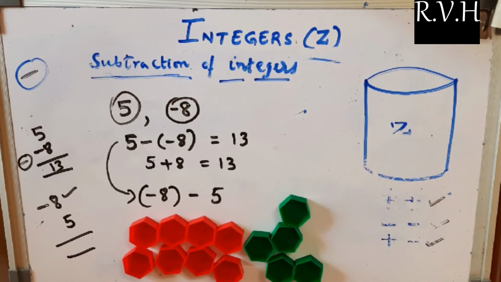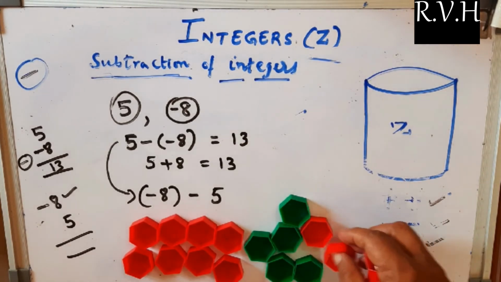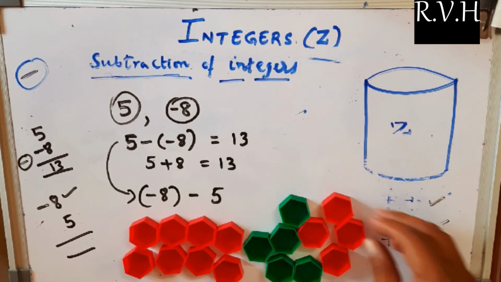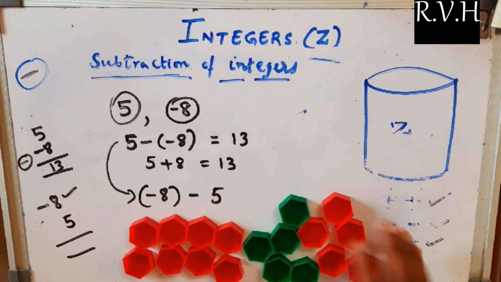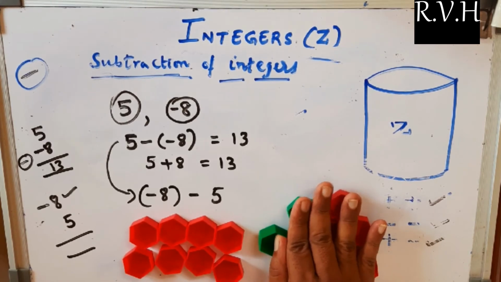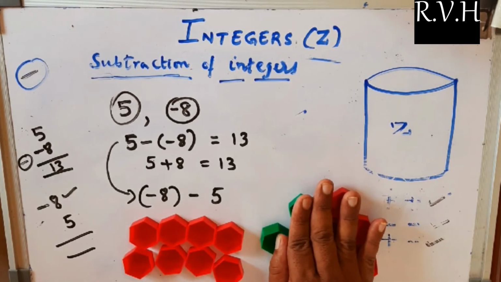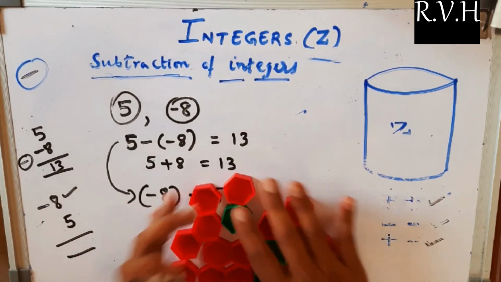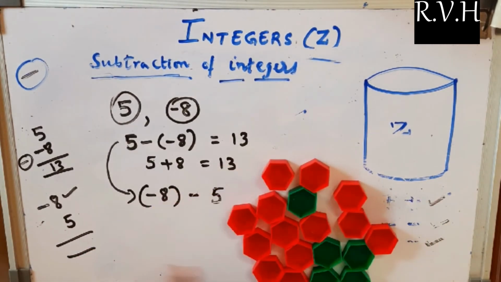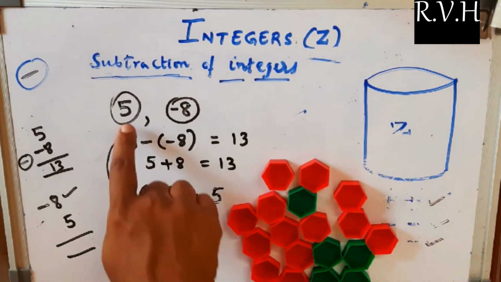We have to neutralize it. So I want to neutralize these 5 that have been brought in addition by introducing the red ones. 5 green ones brought, 5 red ones. So this becomes 0 now. A pair goes 0. Now out of all these things, I have to take 5 positive green ones.